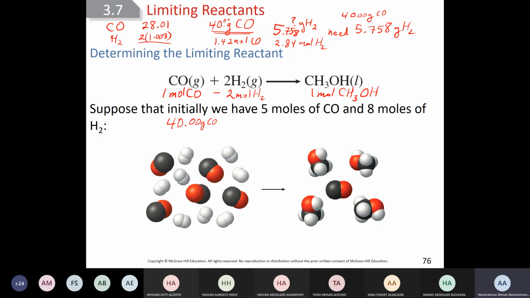In the lab, I mix 40.00 CO with, oh no, let me, before I do that, let me erase this first.